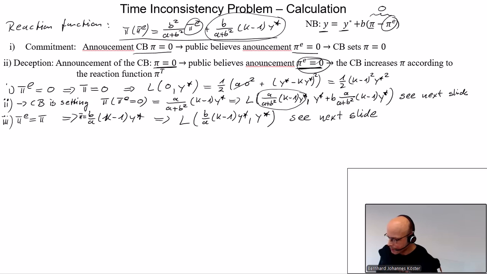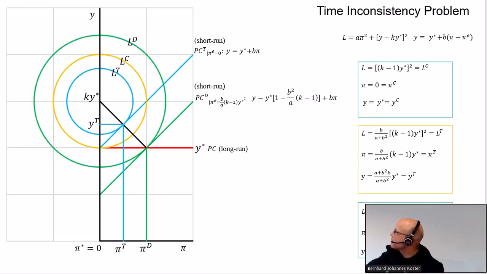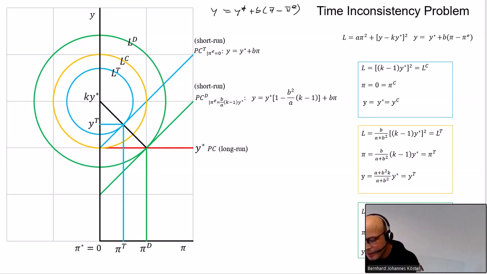Okay, to summarize all this, let's have a look at how this looks graphically. In the first case, where every inflation rate is set to 0, in the Phillips curve we have just y equals y star plus b times p minus pe.